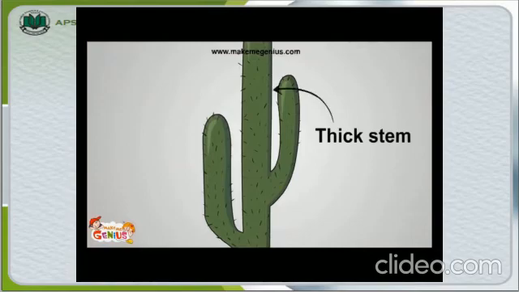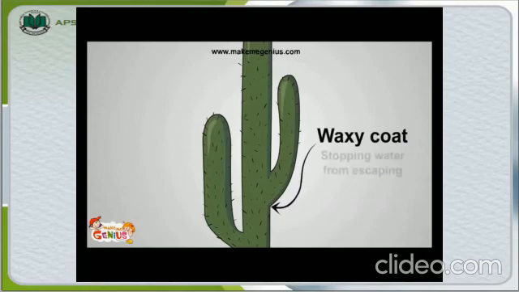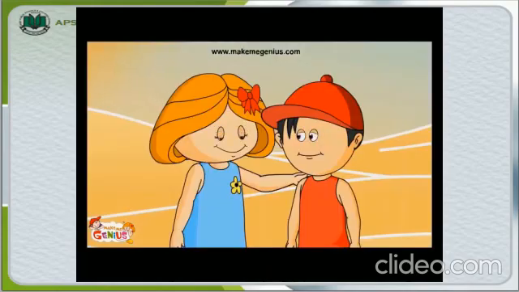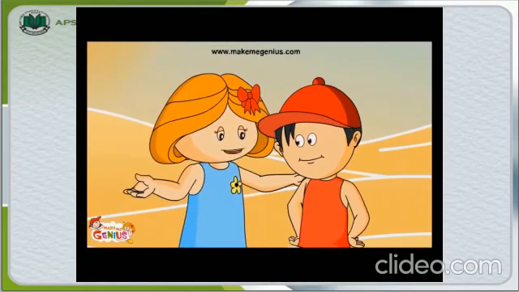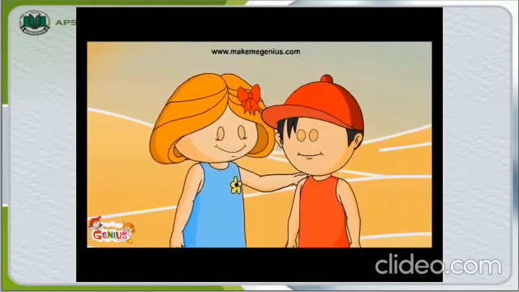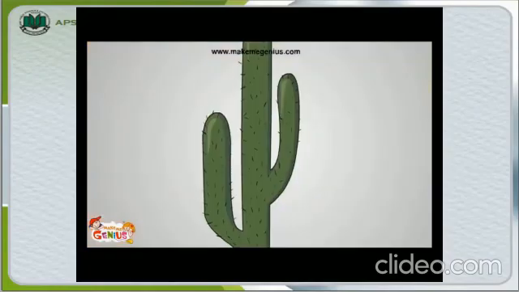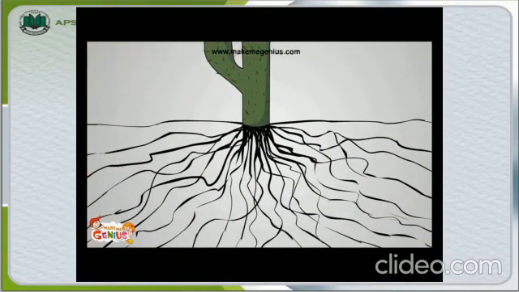Leaves, as a cactus has to survive in a very dry and hot environment. Leaves have bigger surfaces, like water in a bowl, so a cactus can lose more water in evaporation. So in place of leaves, a cactus has spines. Spines reduce the surface area, so less water is lost: less surface area and less water escapes. I see. And due to spines, no animals can eat the cactus. You are right. This adaptation helps the cactus save itself from being eaten by animals. The cactus's stem is also very thick. How does that help? A thick stem is useful in storing water. And also look carefully, the cactus has a waxy coating. Yes, I know. A waxy coating stops water from escaping. You are right. Plants in hot and sunny areas like deserts have a waxy coating to reduce water loss. And also, let's look at the root system of this plant.